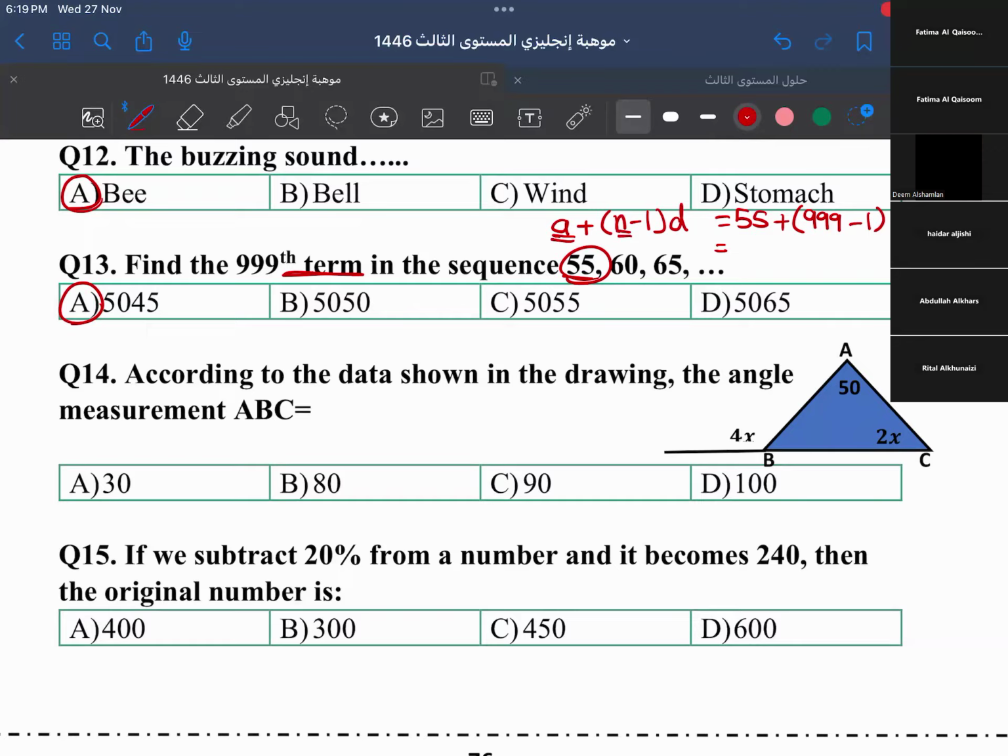So here it's 99. If it was 100, or 1000, you put it in here. Minus 1 times D, which is the difference. We see here that it's 55, then 60, then 65. So the pattern is plus 5. So D will be 5. Exactly, we did the math and we had 5,045. ممتاز.